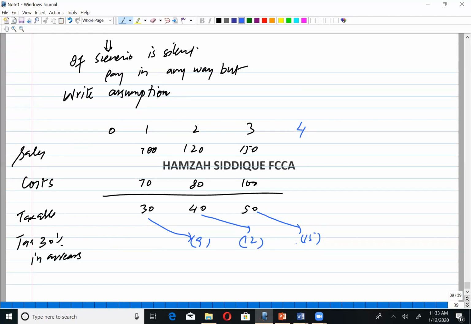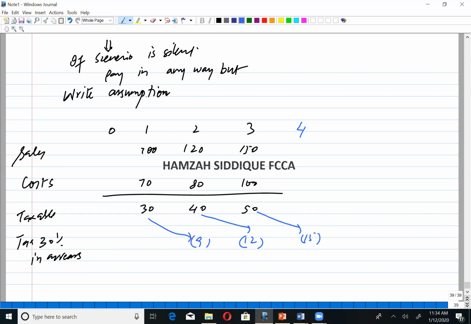Taxation. Student, is it clear? Is that clear?